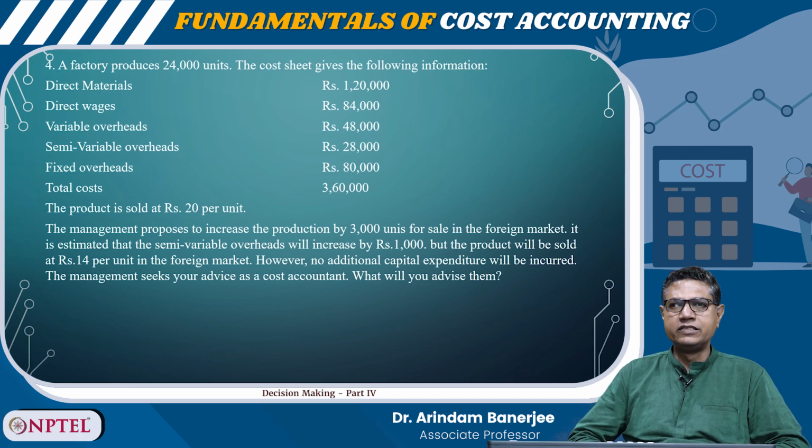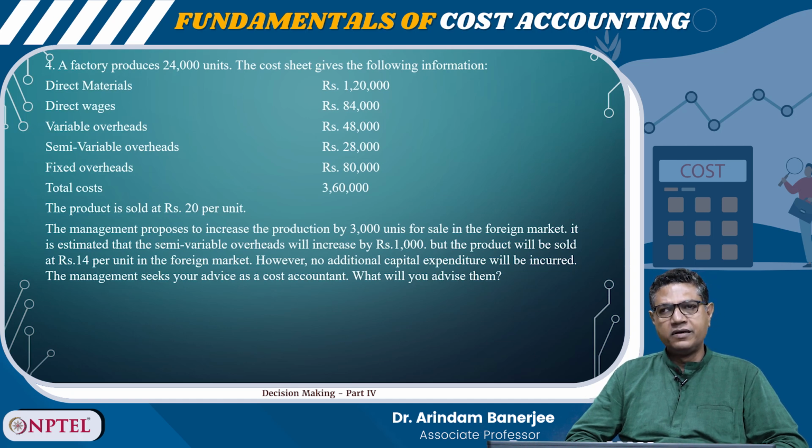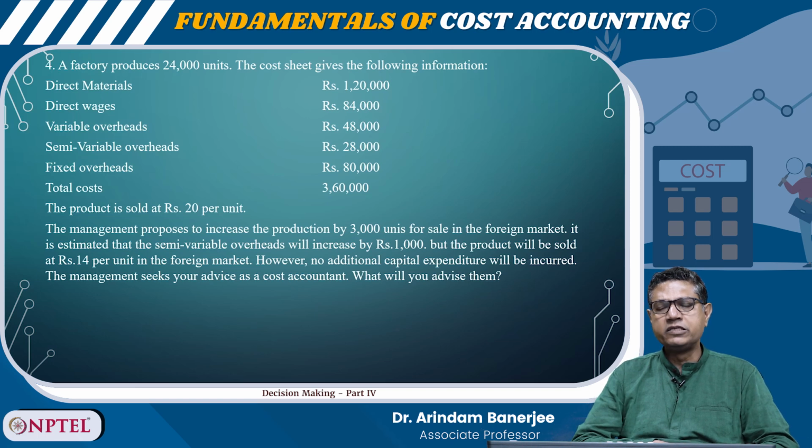This kind of decisions, make or buy decisions, the companies take by following the marginal costing techniques. Marginal costing is nothing but a kind of variable costing technique. Marginal cost means the unit cost which the company incurs for production of one additional unit. That means basically it is a variable cost.